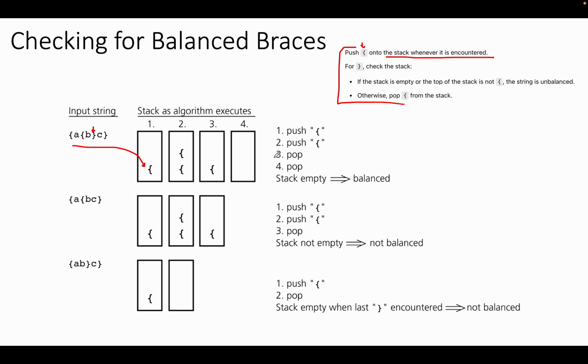Once we find the closed one, we pop it, right? Then the condition we check is whether the stack is empty. At last, after we scan everything and there is nothing left inside the stack, it means they have all been opened and closed, so the brackets are balanced.